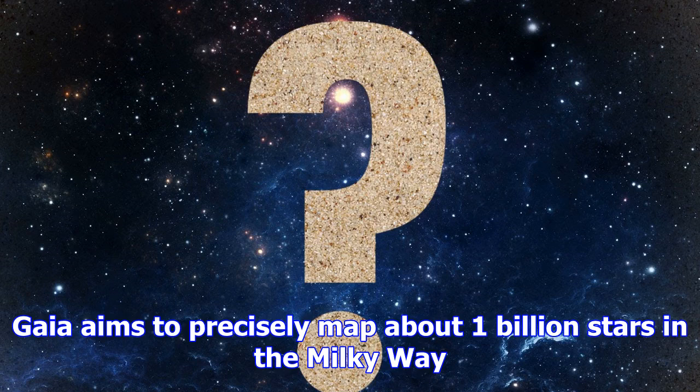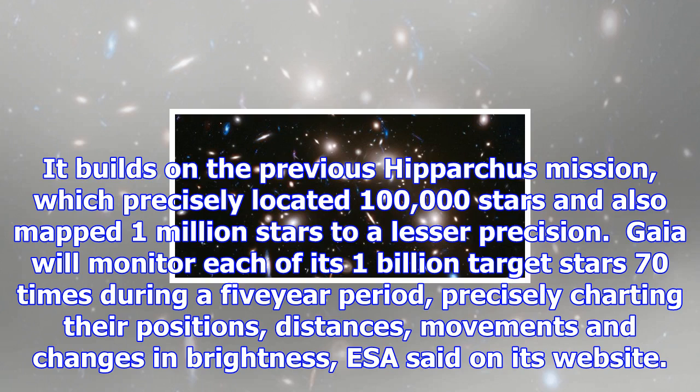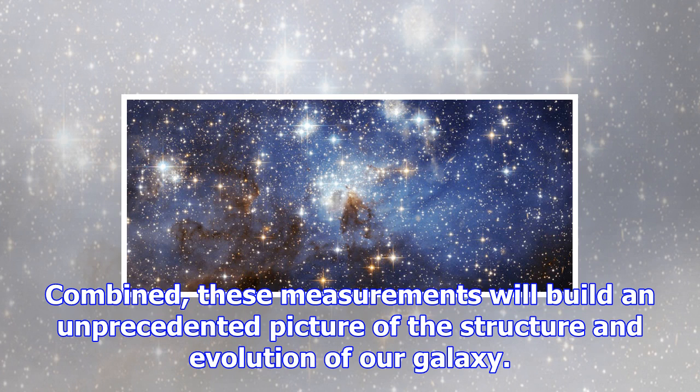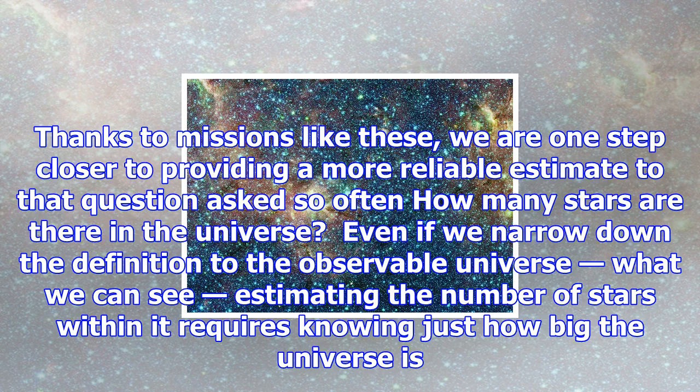It builds on the previous Hipparcos mission, which precisely located 100,000 stars and also mapped 1 million stars to a lesser precision. Gaia will monitor each of its 1 billion target stars 70 times during a 5-year period, precisely charting their positions, distances, movements and changes in brightness, ESA said on its website. Combined, these measurements will build an unprecedented picture of the structure and evolution of our galaxy.